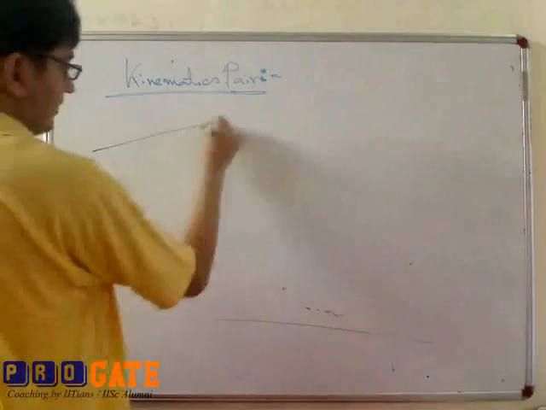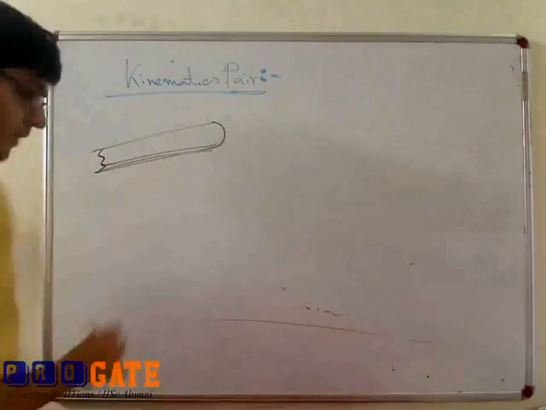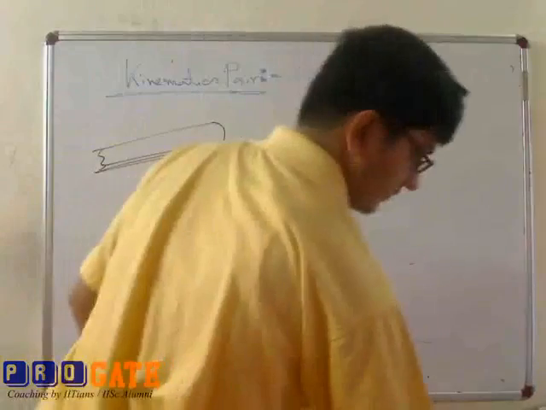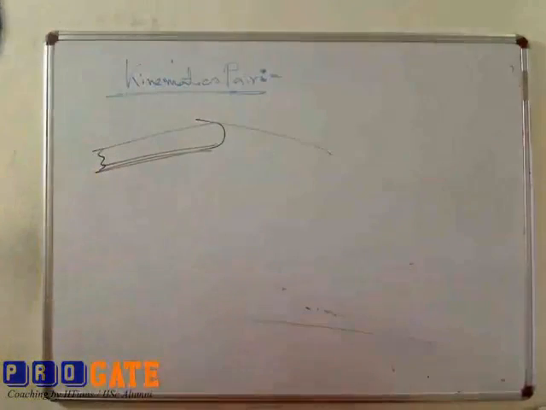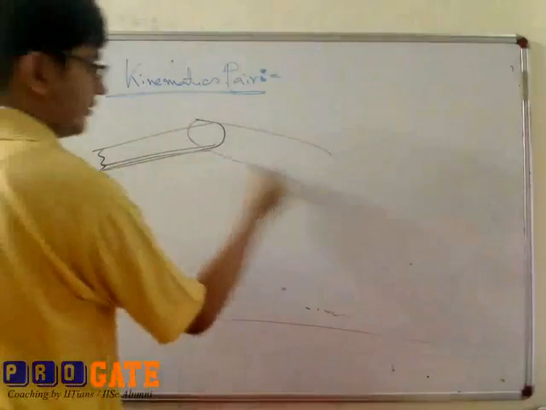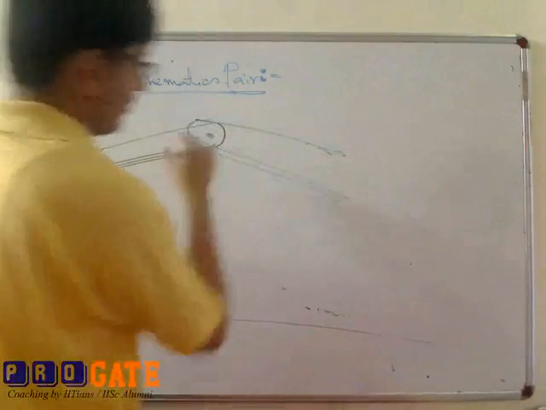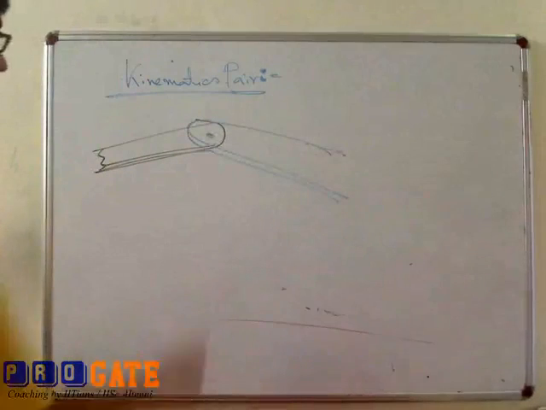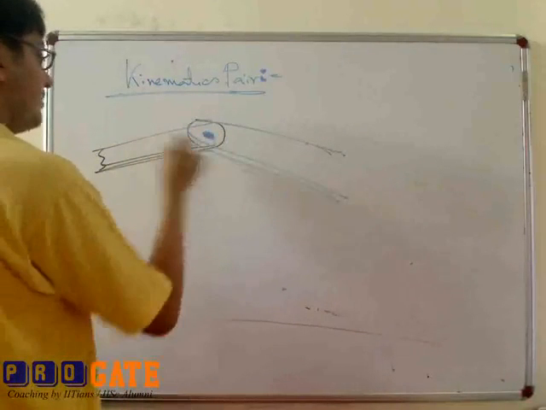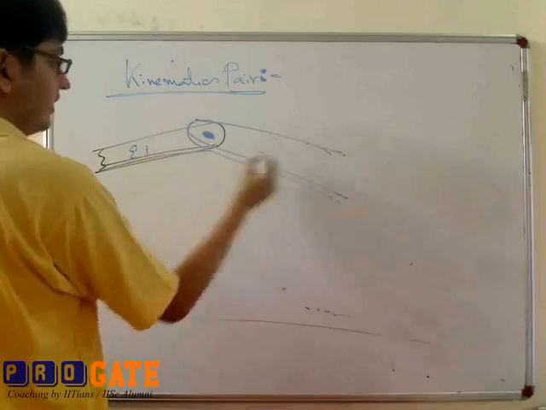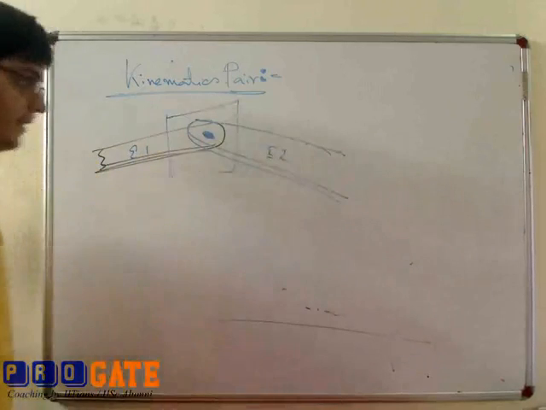That we have discussed. If this is my one element, and this blue one is my second element, and if you make a hole and place a nail in between these two elements, this is element 1, this is element 2. So this is known as a kinematic pair.